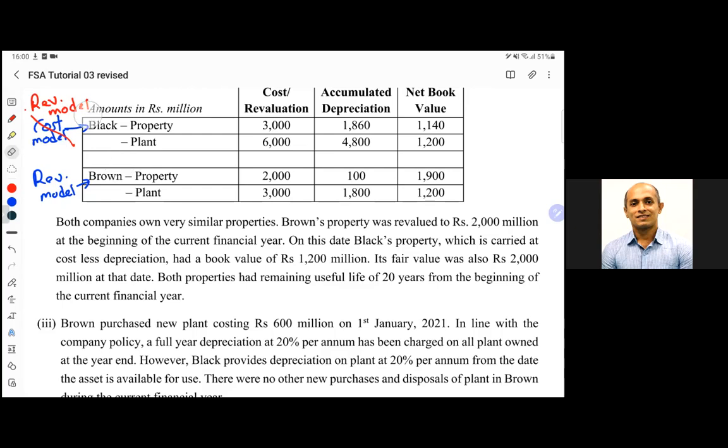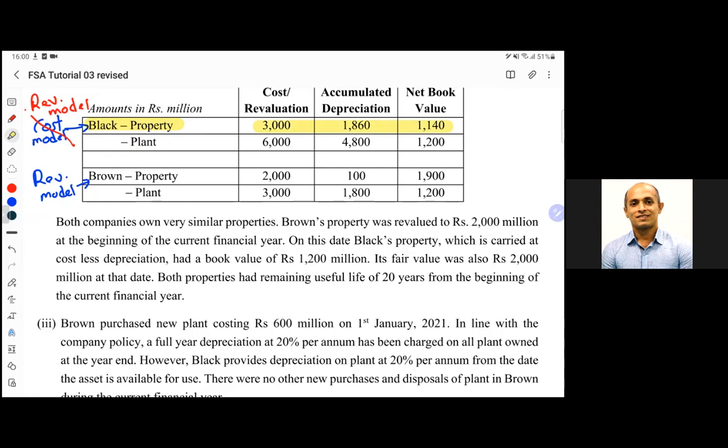We are going to adjust Black's property, because Brown's property value is okay. That's at revaluation, which is better than the cost.